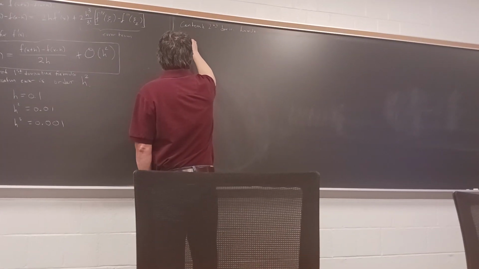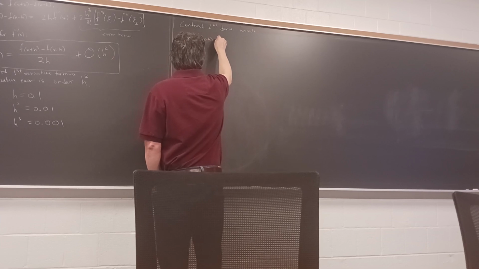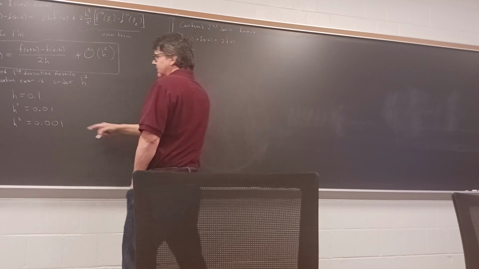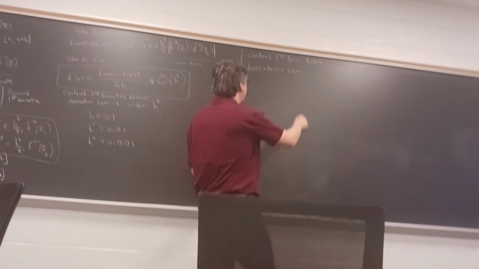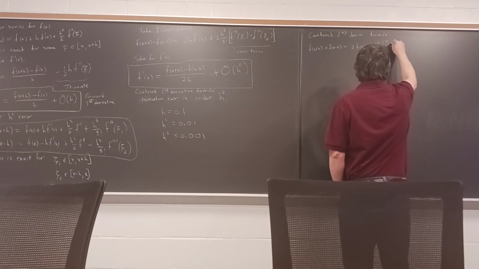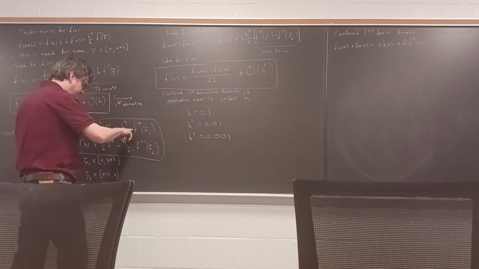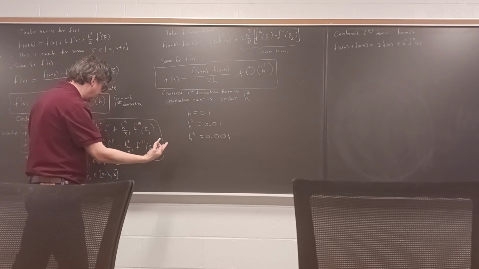So here we'll have f of x plus h plus f of x minus h. This will be twice f of x here. I'll cancel out my first order terms. I'll get a second order term here, which is plus h squared f double prime of x. I will cancel my third order term so that I'll get a fourth order term.